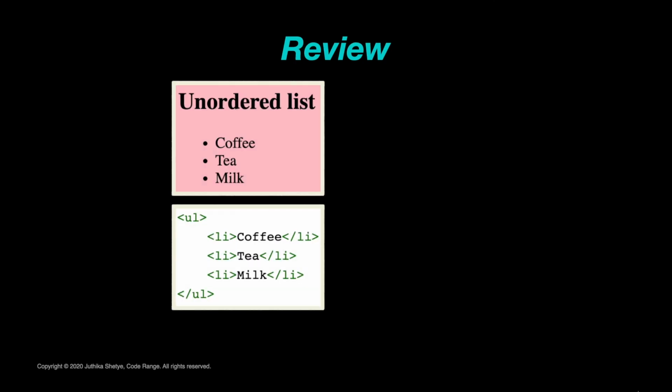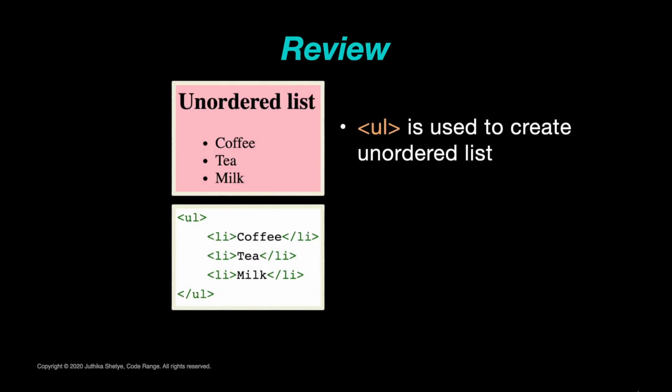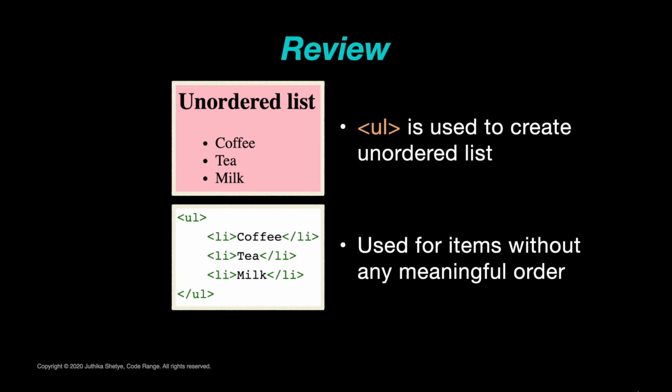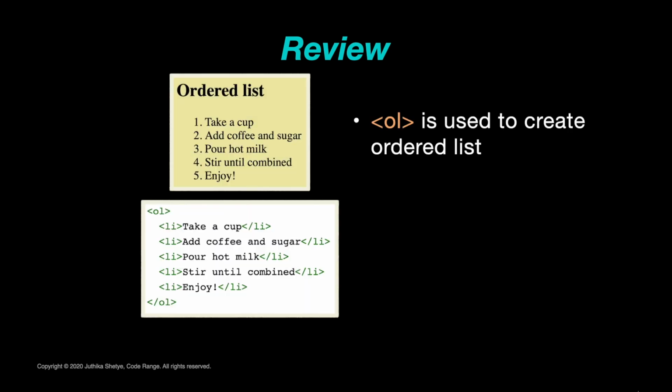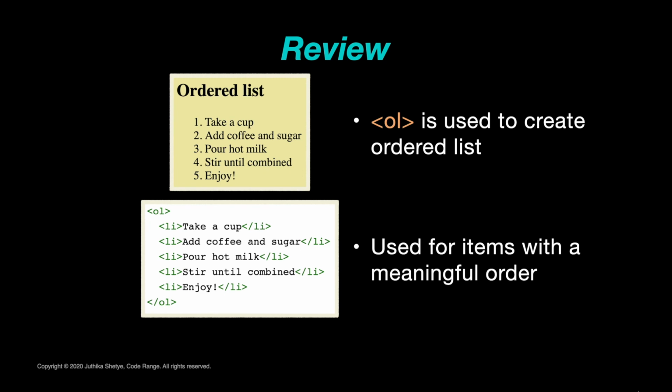Now let's quickly review. The UL element represents an unordered list of items and is used when the order of items in a list doesn't really matter. It is typically rendered as a bulleted list. The OL element represents an ordered list of items and is used to convey a meaningful order of the items in the list.